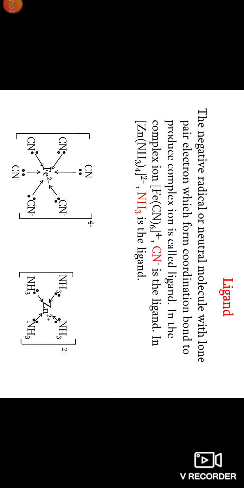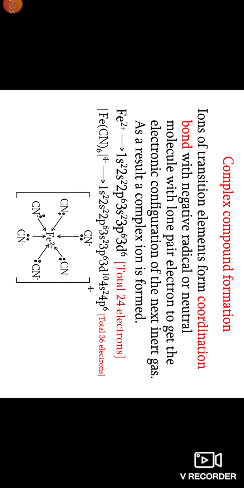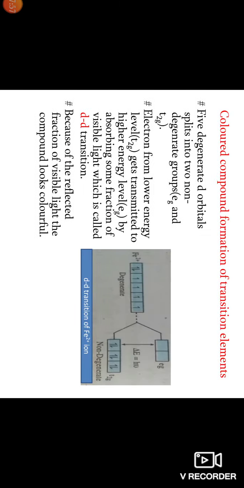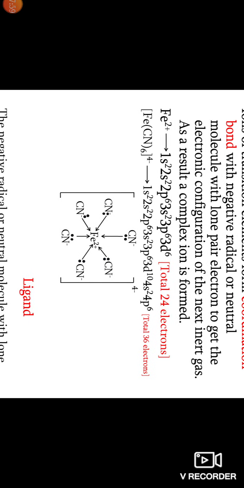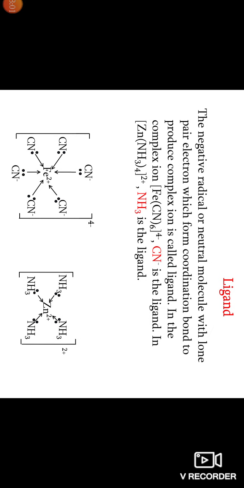So ammonia is a ligand as well as cyanide is also a ligand.